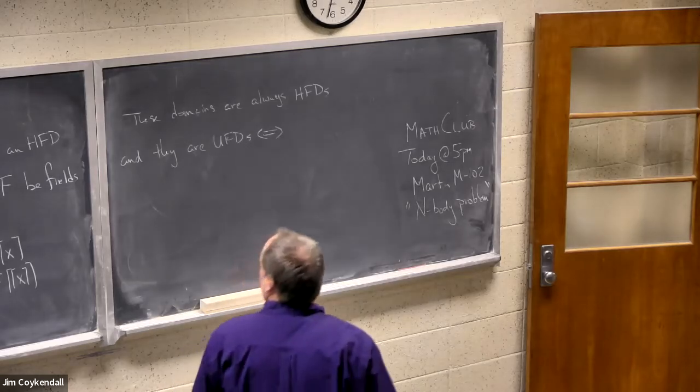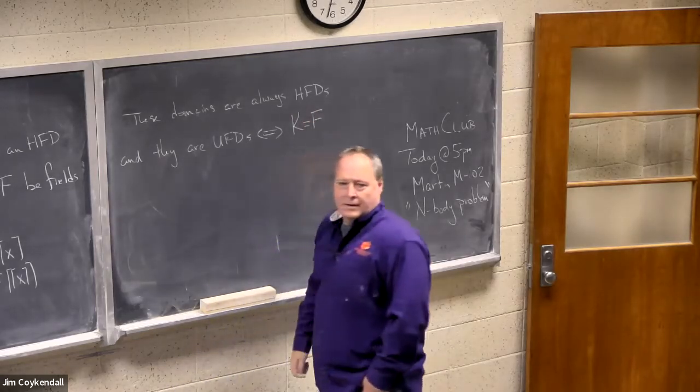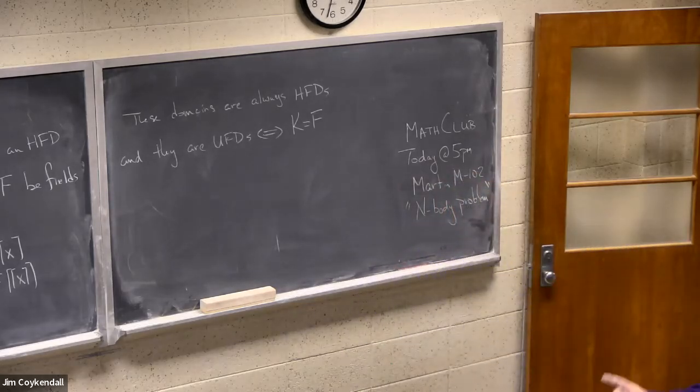You have to have equality. So for example, if you have Q plus X R[X], or the reals plus X C[X], these are HFDs that are not UFDs.